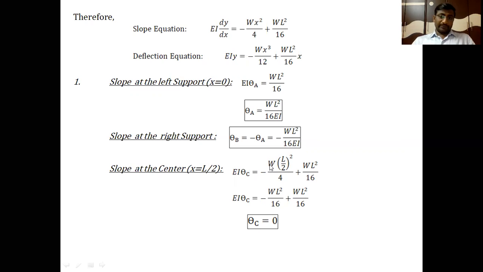So here minus WL square by 16 plus WL square by 16 becomes 0. So at the center the slope is 0. So we get the center point slope as 0, and it is correct. Theta C is 0. These are the slopes at each point of the beam.